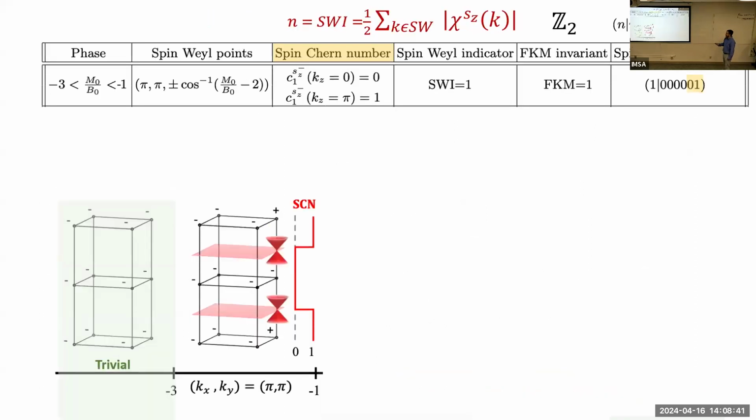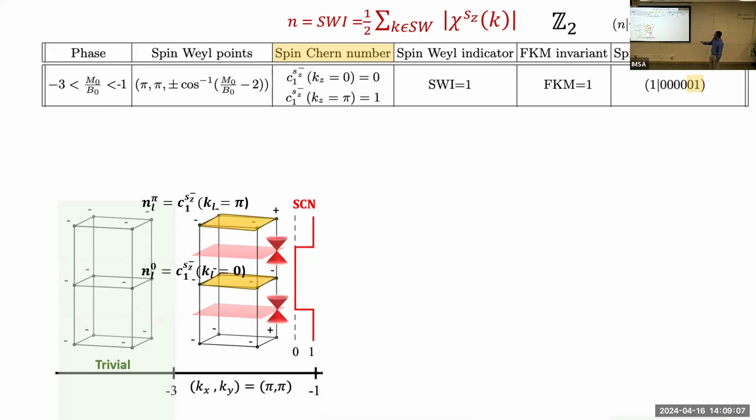Okay, let's summarize this in the table. On the paper, we have these trivial phases. We have 0 for every spin. We have this topological phase, and this is the position that Bernardo found of the spin Weyl points, the coordinate of the spin Weyl points, one for plus, one for minus, in this particular coordinate.